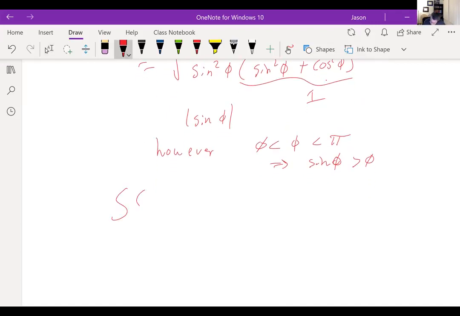When we go back to our original, what do we want? We wanted this double integral.